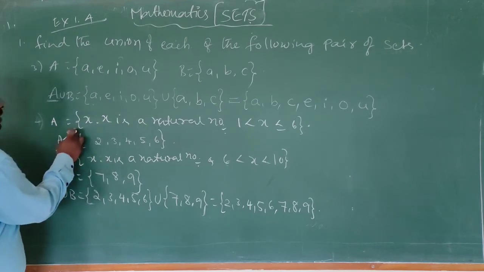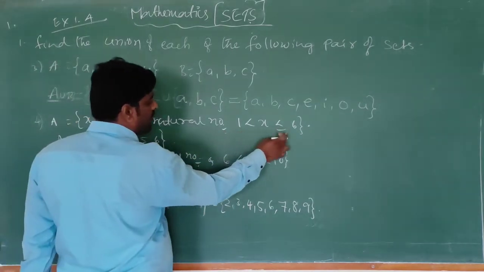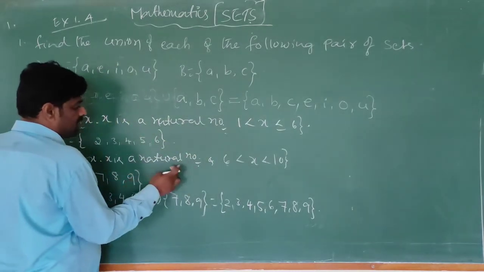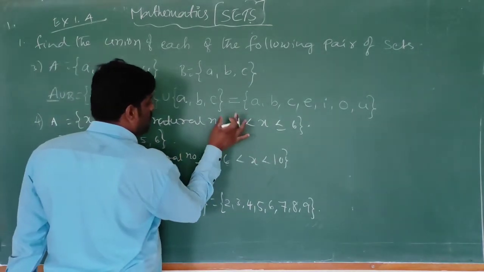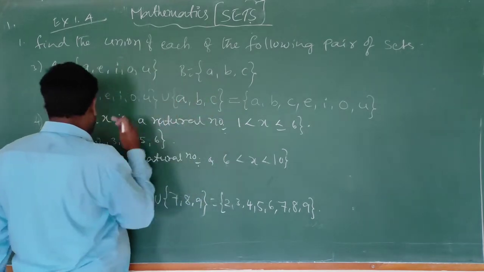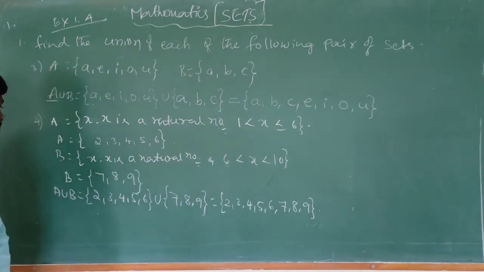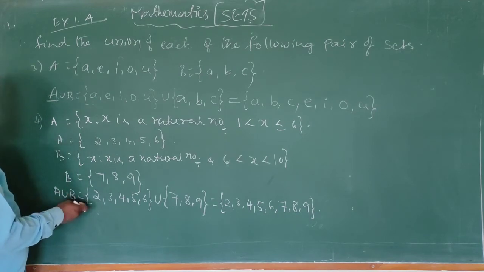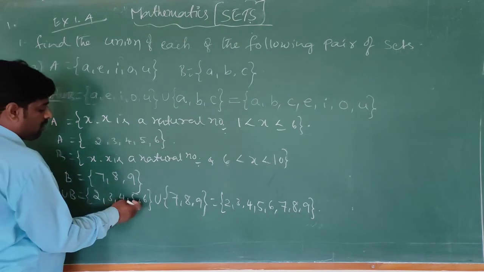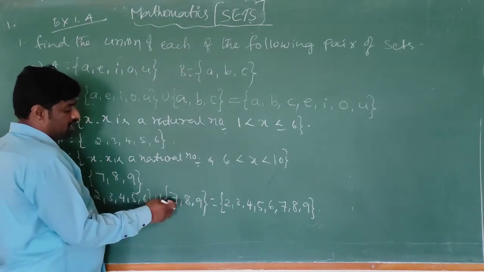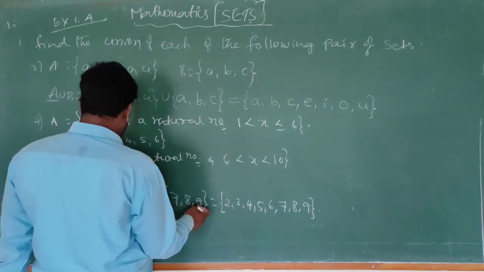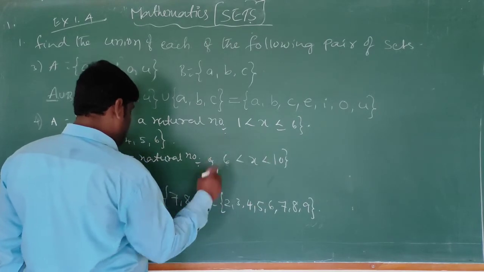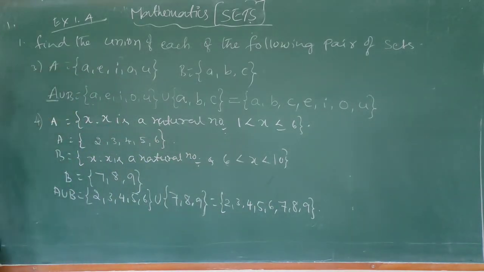See children, this A set is in set builder form and this B set also is in set builder form. First convert set builder to roster form, then find A union B, which is 2, 3, 4, 5, 6, 7, 8, 9. Next question.